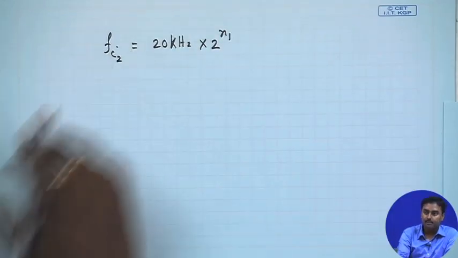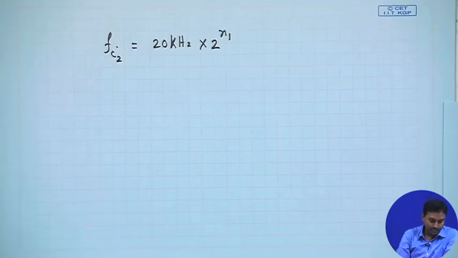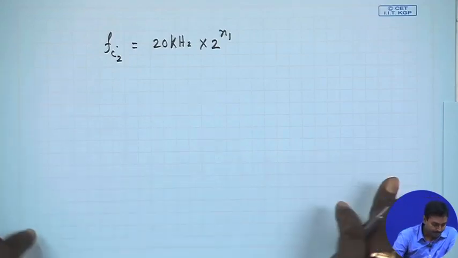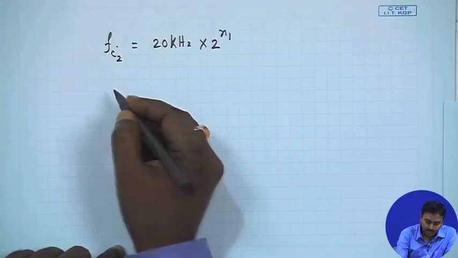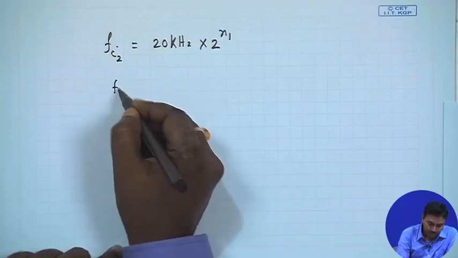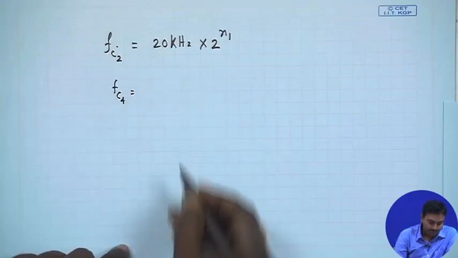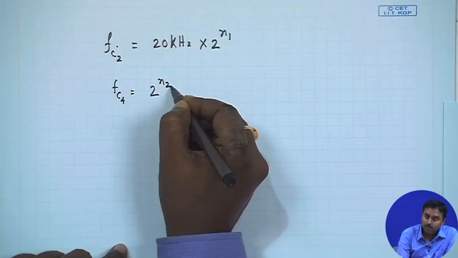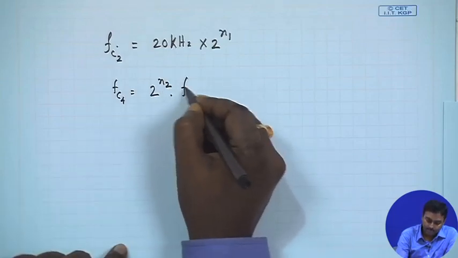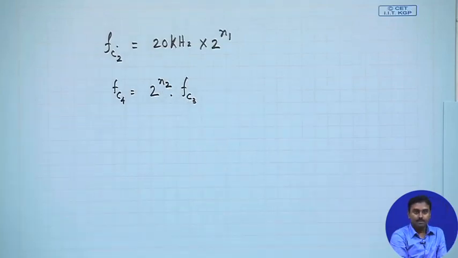So I get a value of Fc2. Correspondingly I can also write Fc4, that must be 2 to the power n2 into Fc3.